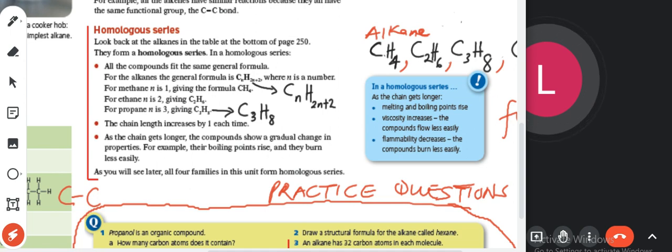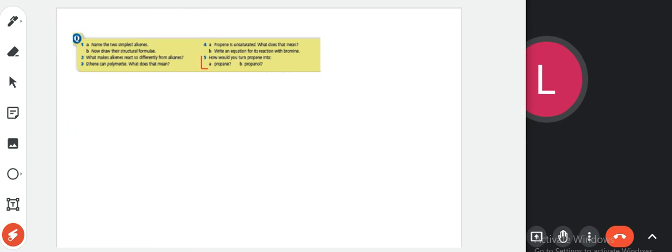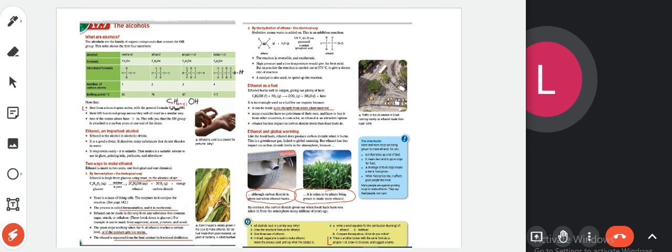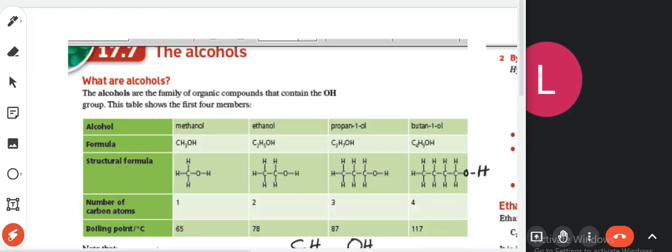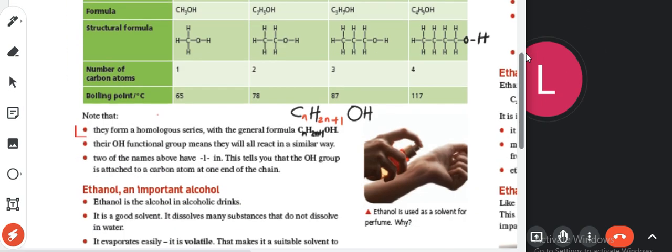Just to remind you, the structural formula of all alcohols is CnH2n+1 then OH.